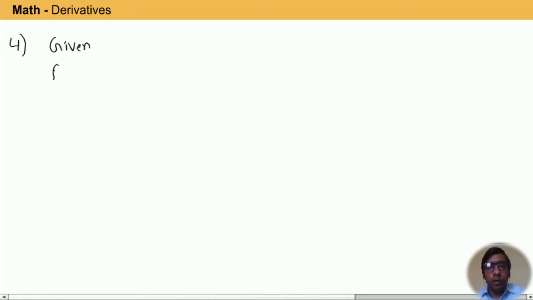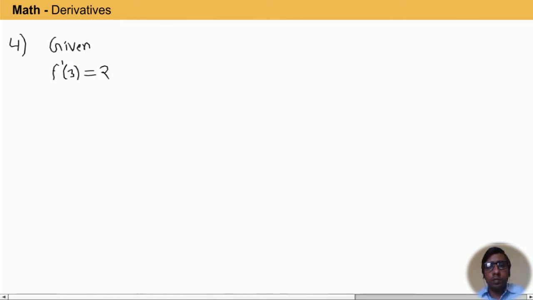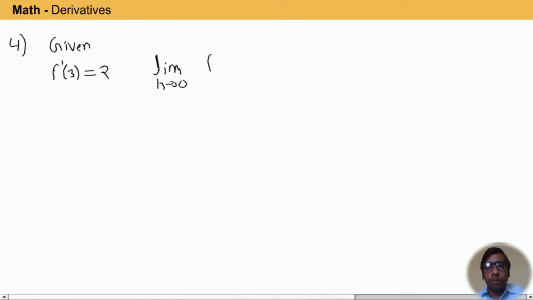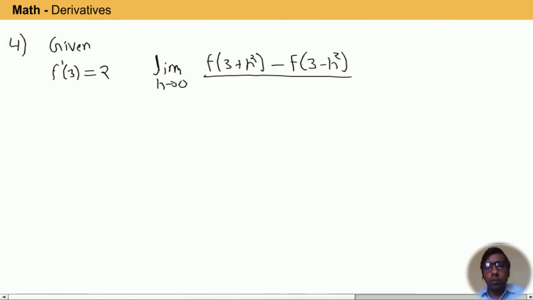Given f'(3) equal to 2, and limit h approaches to 0, f of 3 plus h square minus f of 3 minus h square whole divided by the denominator 2h square.